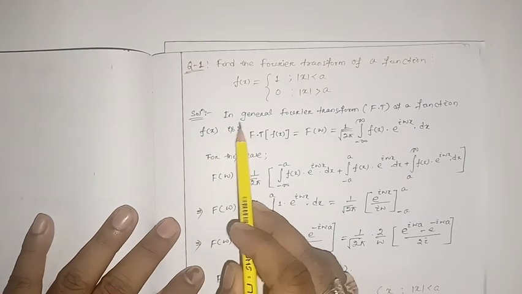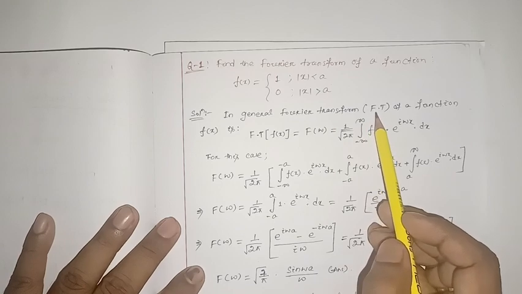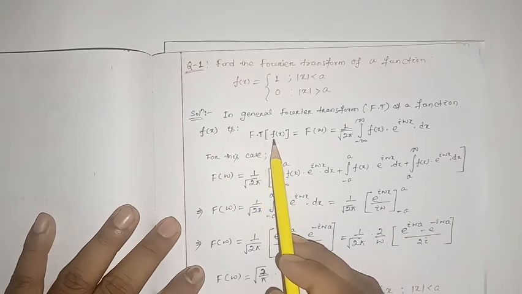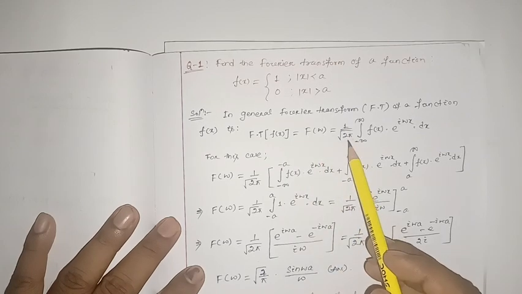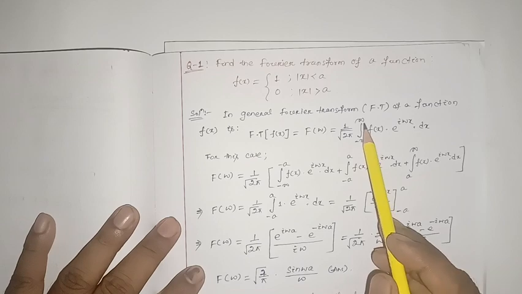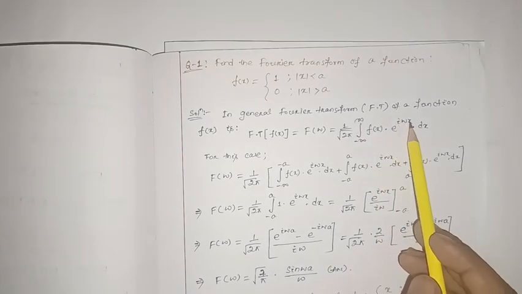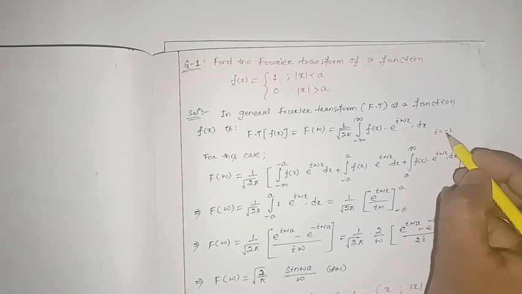In general, the Fourier transform of a function f(x) is written as F(omega) equal to 1 by root 2 pi, integral from minus infinity to plus infinity of f(x) e to the power i omega x dx, where i is nothing but root of minus 1.